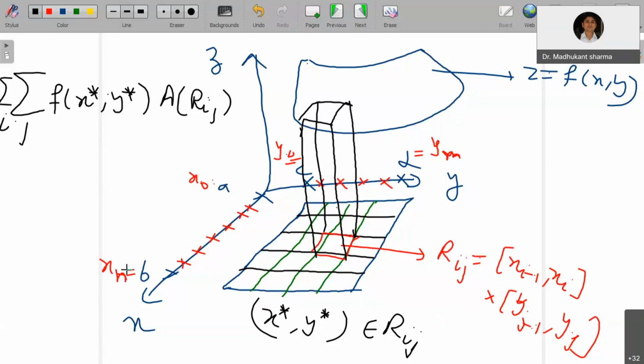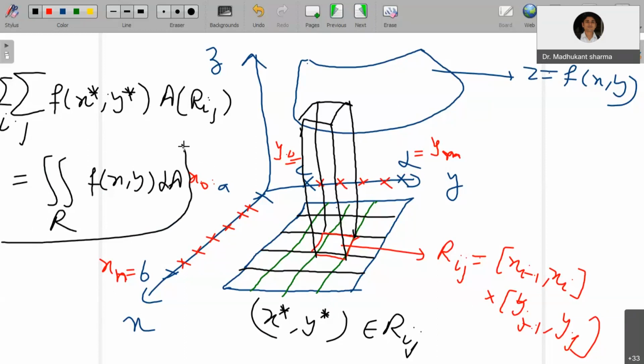Now, when n is tending to infinity and m is tending to infinity, and f is continuous, that will lead to the double integral of f of x comma y dA over R. Note that we are talking about f of x comma y greater than or equal to 0, like we have defined the area under the curve.